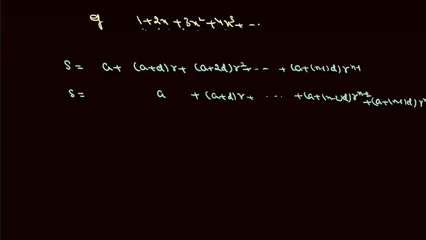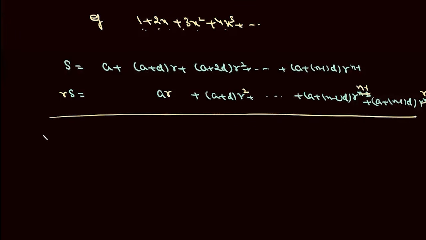Now again, as we did for GP, we'll multiply it with its common ratio R. So it will be AR, then R square, and so on, and the last one will be R to the power n, and we'll subtract this second series from the first. We can write 1 minus R into S as A plus.